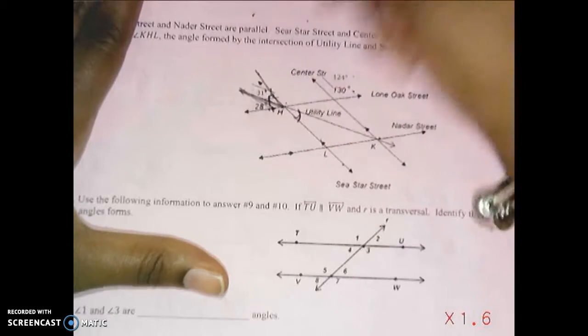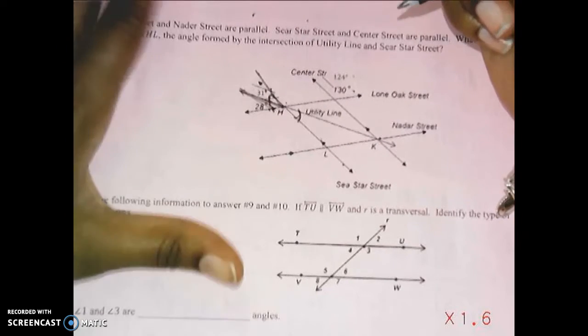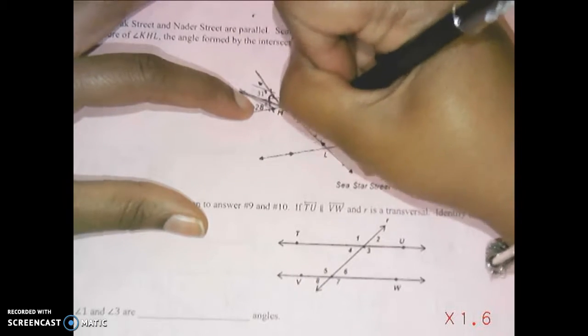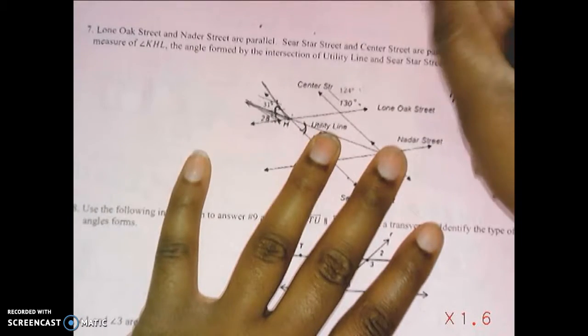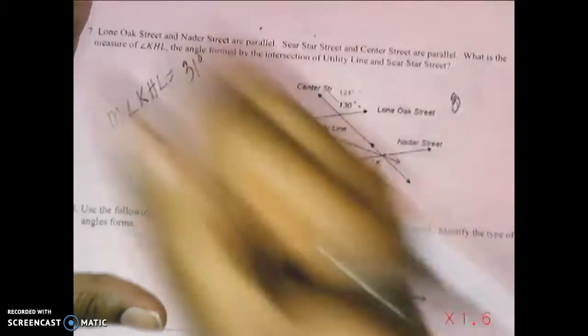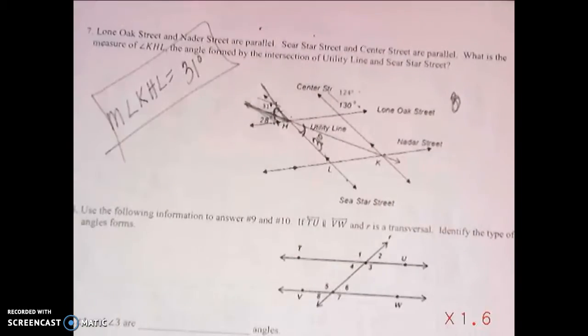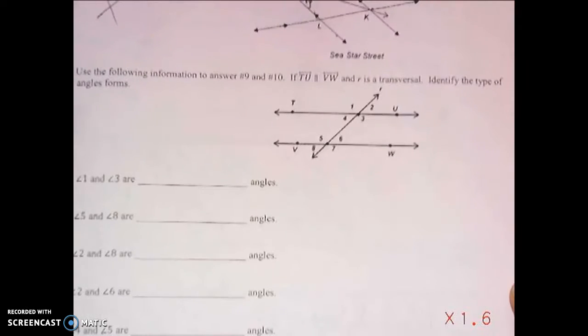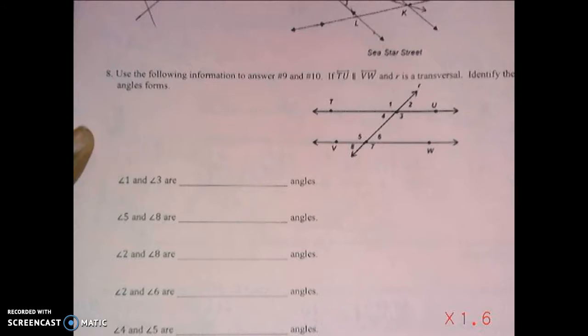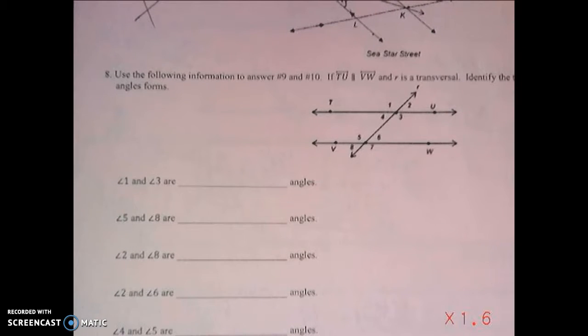Now, even though it's all a whole bunch of stuff about parallel lines, if this angle is 31 degrees, then that angle is 31 degrees. So the measure for angle KHL is 31 degrees. Done.